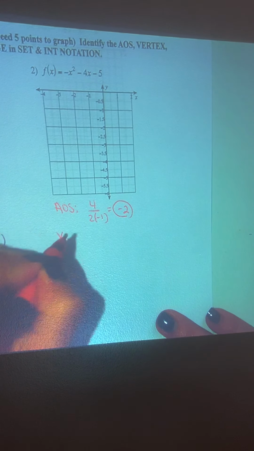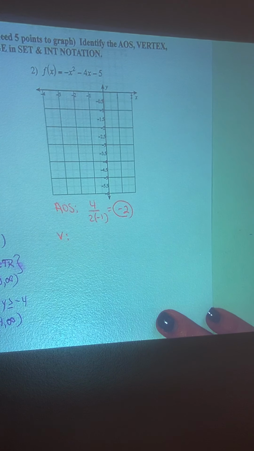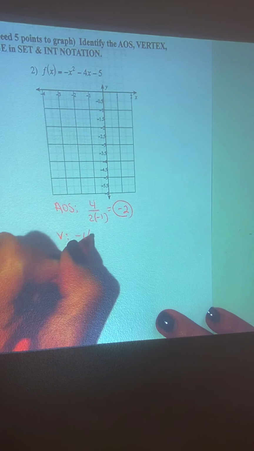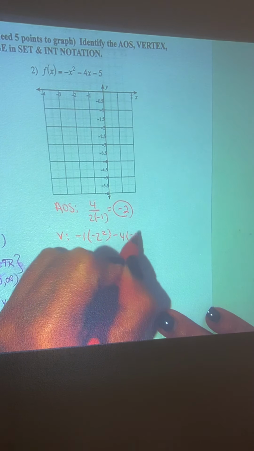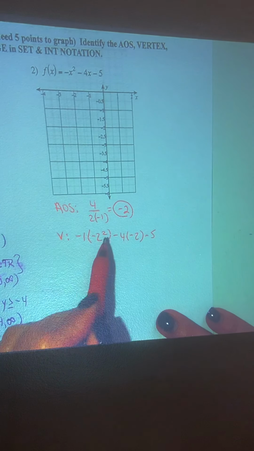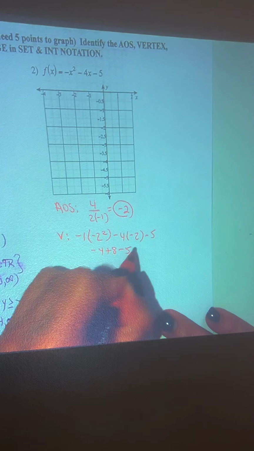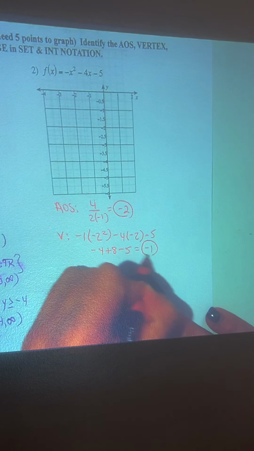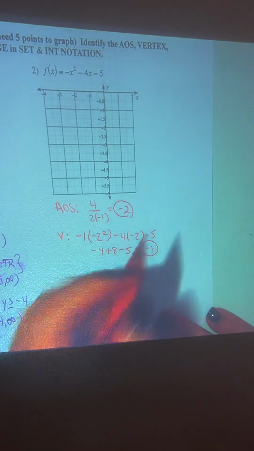Remember, for the vertex, when you plug it back in, that's negative 2 squared is 4 times negative 1 is negative 4. As a matter of fact, I'm going to show the work there. PEMDAS. 4 times negative 2 minus 5. So that's 4 times negative 1 is negative 4 plus 8 minus 5. That's 4 minus 5, negative 1. So there's my vertex of negative 2, negative 1.